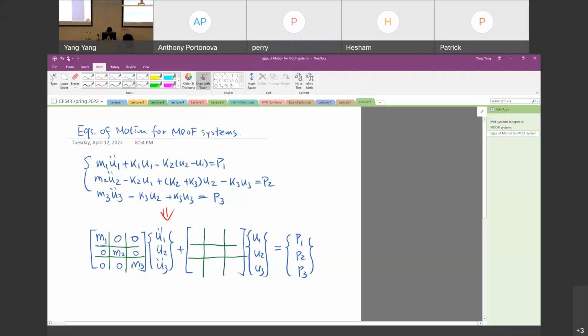So online students, is any one of you interested in helping us figure out the numbers for the elements for the stiffness matrix here? Yeah, I think I got the first one.